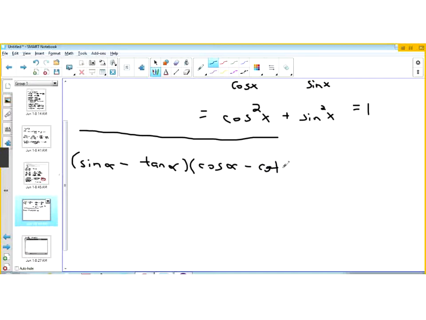That's cotangent. Okay, so the product of those two factors should equal cosine alpha minus 1 times sine alpha minus 1. We want to prove this, okay?